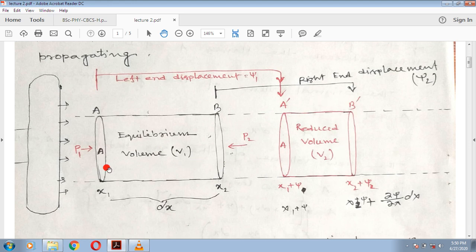Here the left hand is displaced through psi 1 and the right hand is displaced through psi 2. So the new positions of the two ends are x1 plus psi 1 and x2 plus psi 2 respectively. Initially their positions were x1 and x2. So we have clearly indicated the terms here.